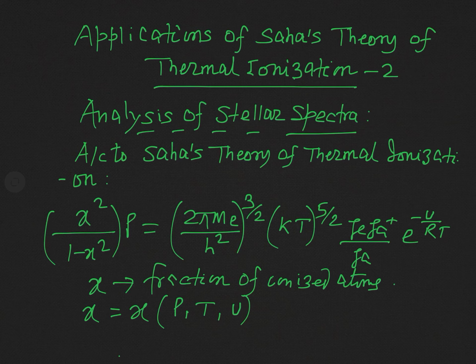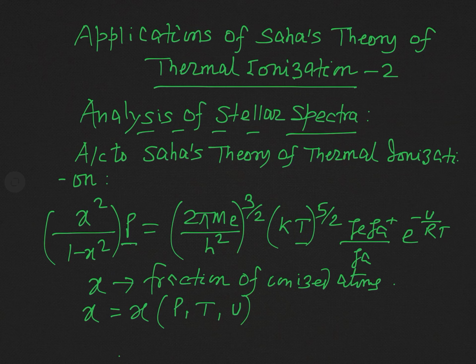You can see from this result that when the temperature increases, the rate of ionization will increase. So as T increases, ionization increases. At the same time, P is another factor affecting the value of x, but the effect of P is just the reverse of T. Greater P suppresses ionization.